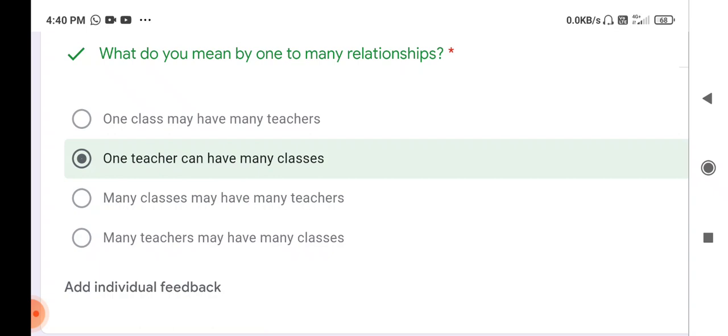One teacher has many classes, so this is a one to many relationship. In your exam they may also ask about one to one relationship or many to many relationship, so you should find the answer logically at that time. So the correct option is one teacher can have many classes.